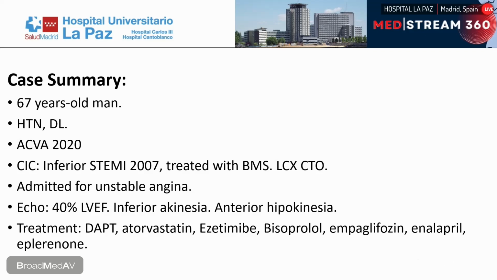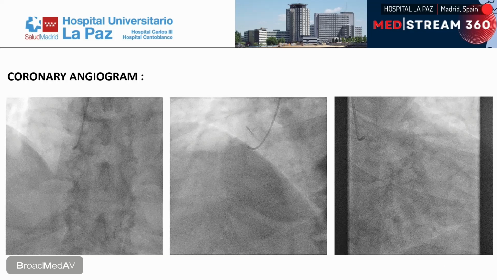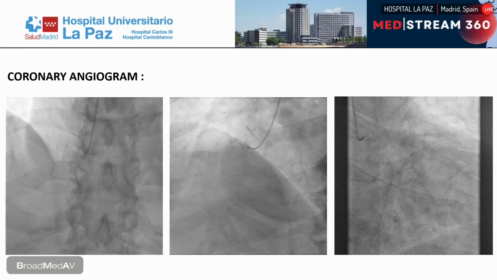During this admission, he presented with unstable angina. Echocardiogram findings show a left ventricular ejection fraction of 40%, with akinesia in the inferior region and hypokinesia in the anterior region. The treatment plan consisted of dual antiplatelet therapy, atorvastatin, ezetimibe, bisoprolol, empagliflozin, enalapril, and eplerenone.